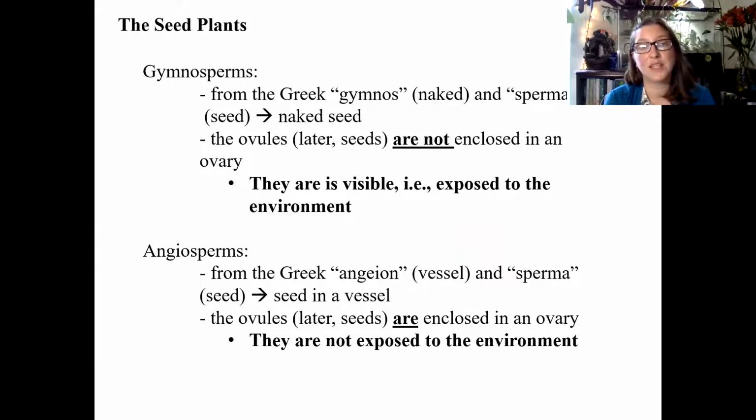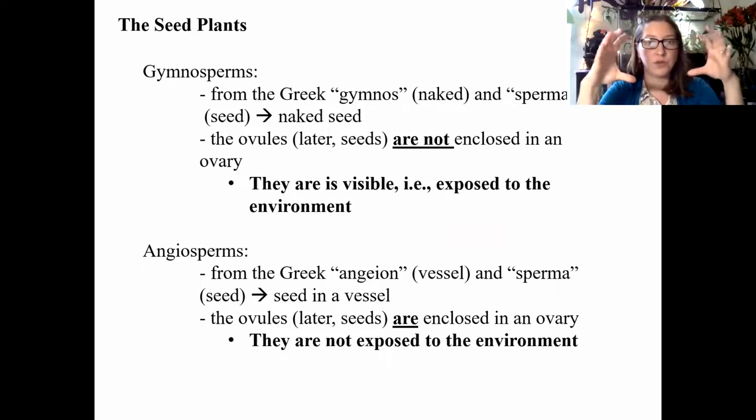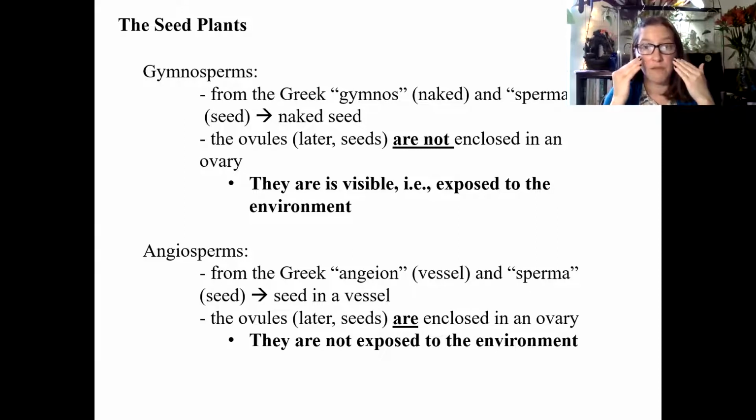But the difference is that for the gymnosperms, the ovules and later the seeds are not enclosed in a structure. The ovules are not enclosed in an ovary. The seeds are not enclosed in a fruit. In the gymnosperms, they are visible with your naked eye. They are exposed to the environment.